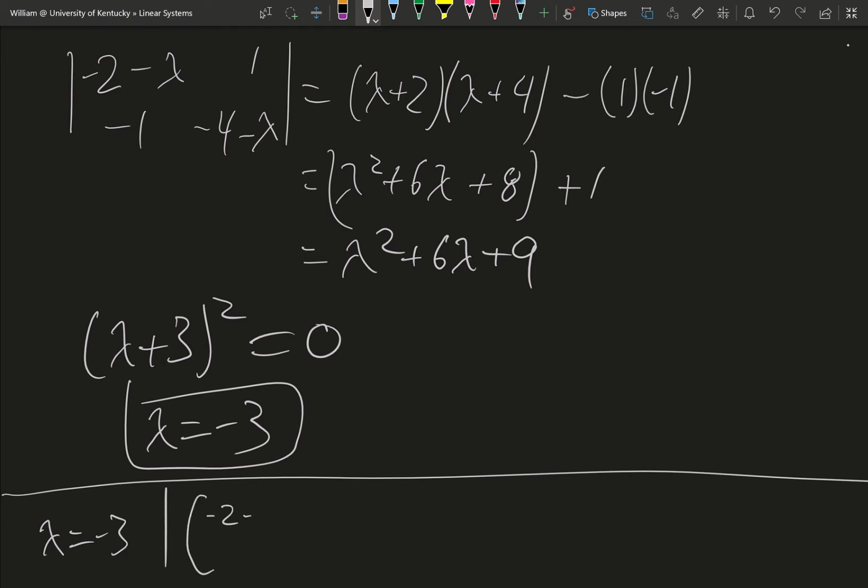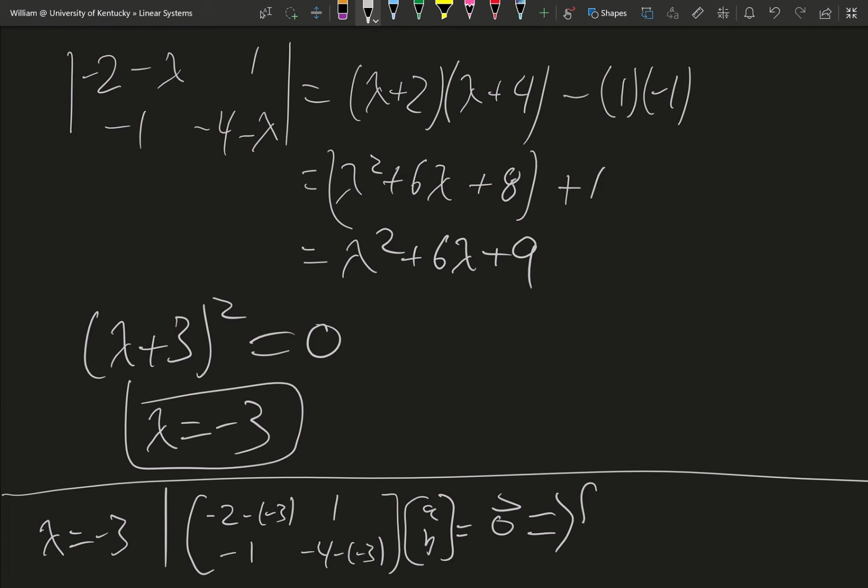So we can go ahead now and try to solve for our eigenvector.